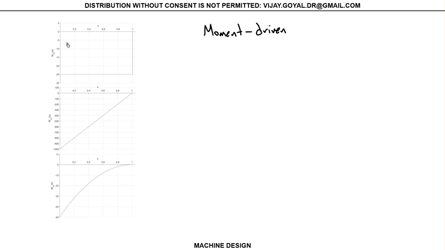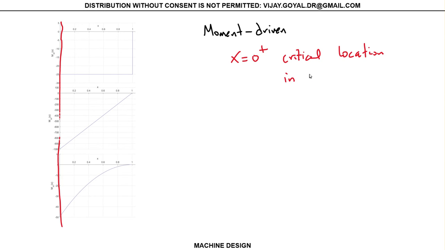In this particular case, it's crystal clear that all your moments are maximum right here at x equal to 0. Okay, so they're right here. So you can say x equal to 0 plus is the critical location in x.